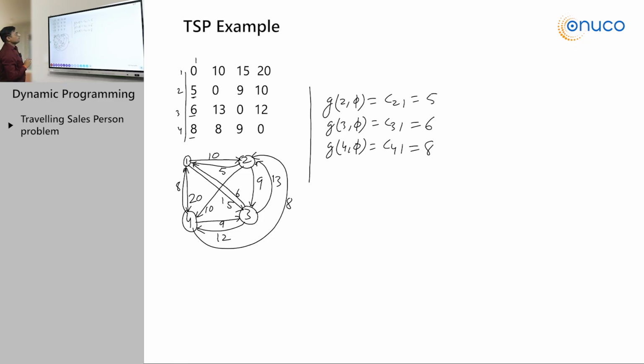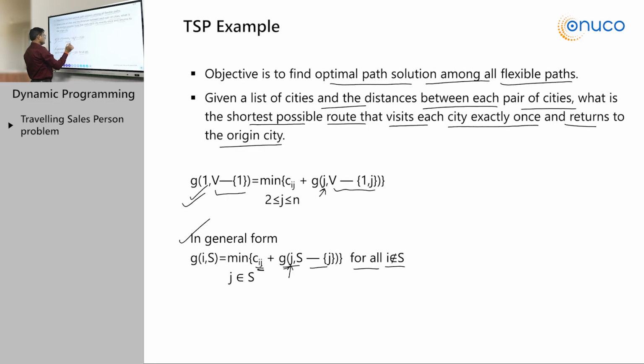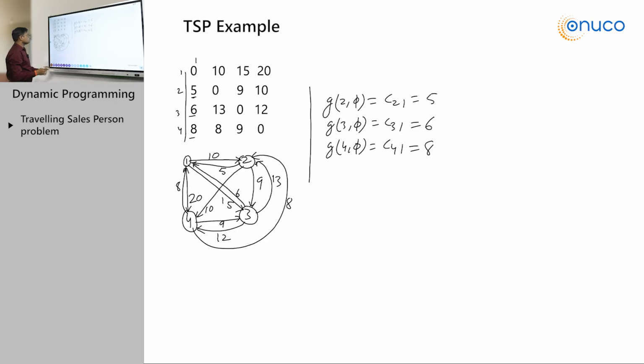In a similar way, when you are going to find combinations of two vertices, what will happen? You are going to find 2, 3, 2, 4, 3, 4 combinations. So let us see the second general form. We are talking about 2, and here the set of vertices will be there. So let us see.